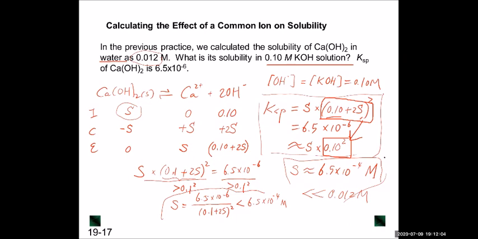Any questions? Use an ICE table, and also the initial concentration is not zero. There will be many homework questions similar to this, many of them simpler, because in many questions the ion ratio is 1-to-1. Then the change is much less. But it's basically the same principle. Use approximation.